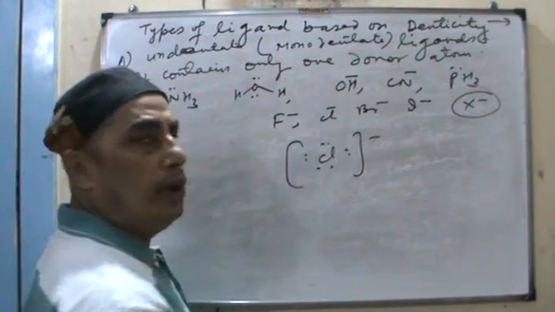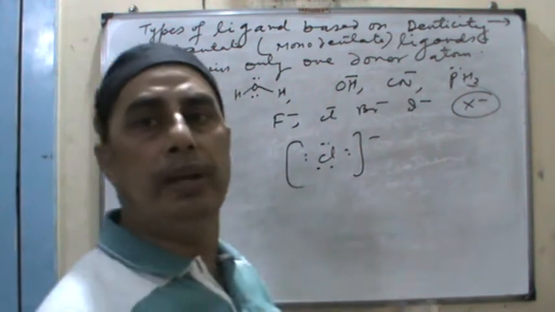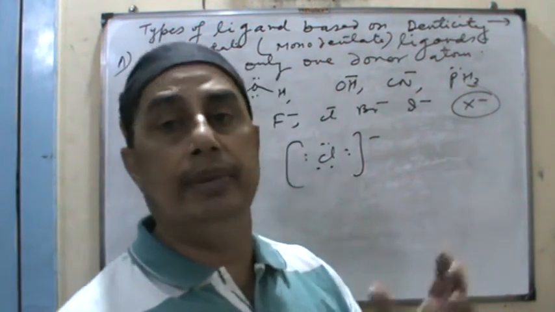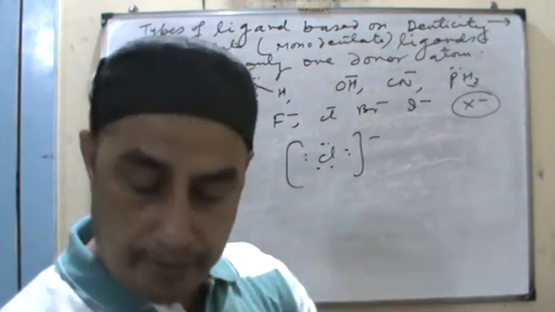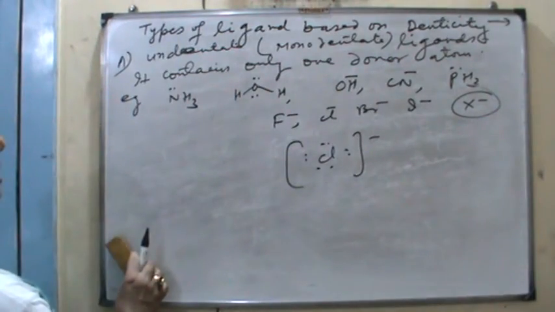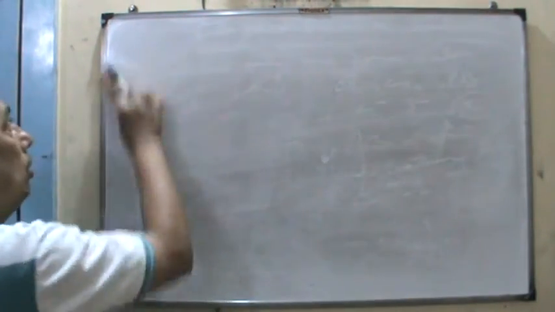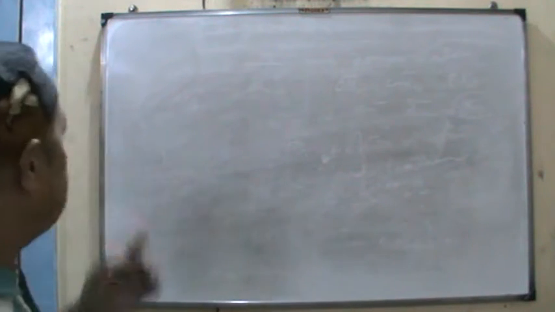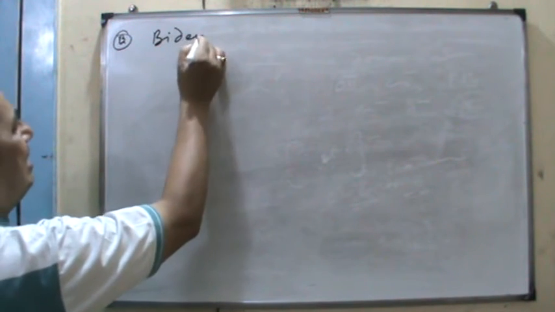But the donor atom is only one. So it is a monodentate ligand. It may have 4 lone pair, 3 lone pair or 2 lone pair, doesn't matter. It depends upon the number of donor atoms. So these all are called monodentate or unidentate ligand.